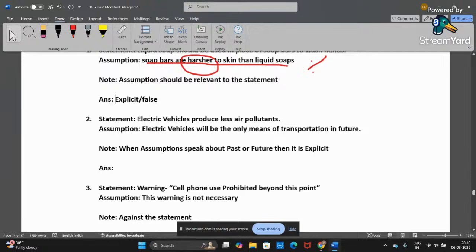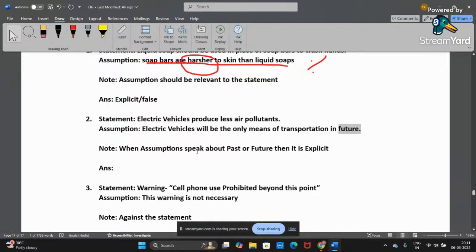See, this is different from the statement given. They're telling that it is less pollutant, but here they're telling that it is the only means of transportation, that too in future. If you see the word future, that means the assumption is false, okay?